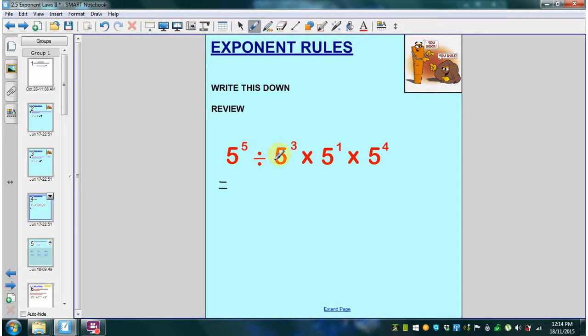First I'm going to look at 5 to the 5 divided by 5 to the 3. We have division, so we can subtract our exponents and keep our base. So 5 to the 5 subtract 3 is 2. I'm just going to carry everything else down: the times, the 5 to the 1, and then the 5 to the 4.